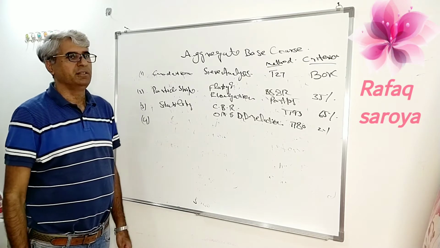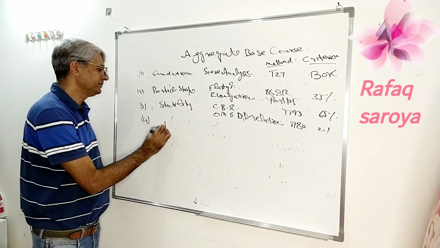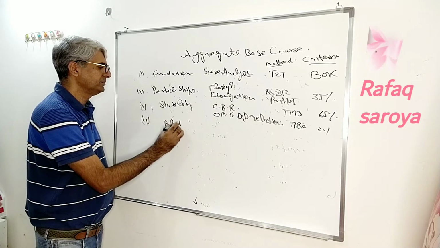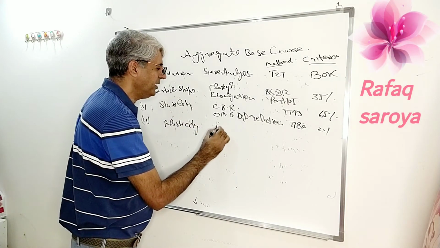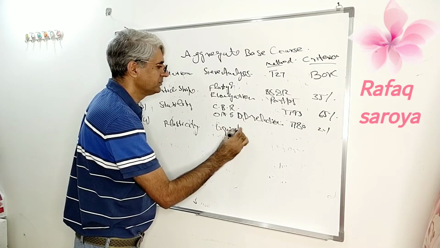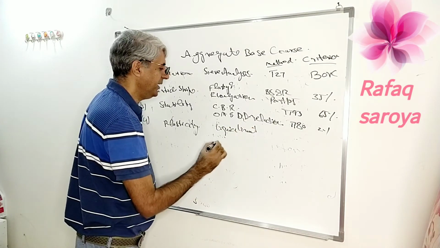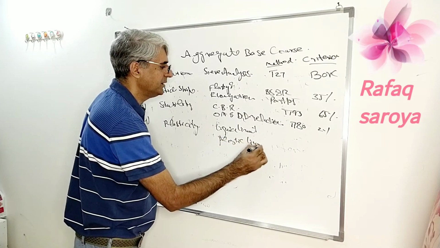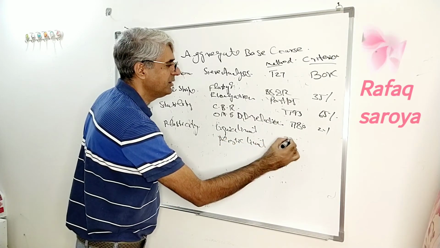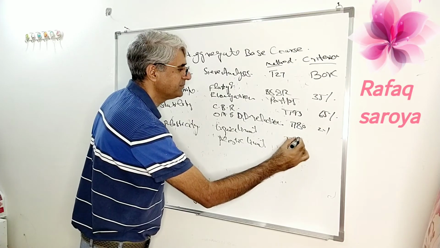Fourth property, plasticity. Plasticity means we have to measure the liquid limit and plastic limit. The methods used are T89 and T90.